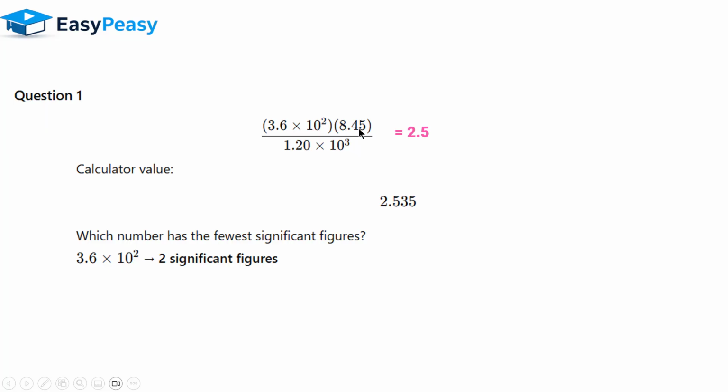This value has 3 significant figures, and this value also has 3 significant figures. So we are going to look for the number which has fewer significant figures. So we are just looking at 3.6 here, okay? So this number needs to be rounded to 2.5 only. Sounds good? Okay, next question.